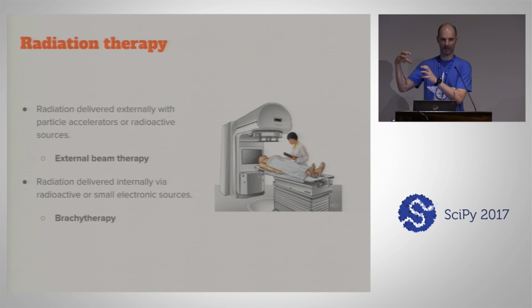Or you could also have a machine with a big radioactive source like cobalt-60, and you collimate the radiation coming out into a beam that you can use on a patient. The other very common way to deliver radiation therapy is internally delivered, and that's called brachytherapy. Basically that means you would take a radioactive source or a miniature X-ray tube and put it right in the tumor as close as possible. A little bit more invasive.